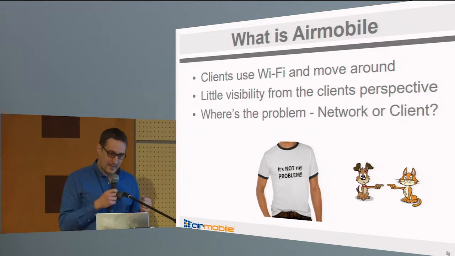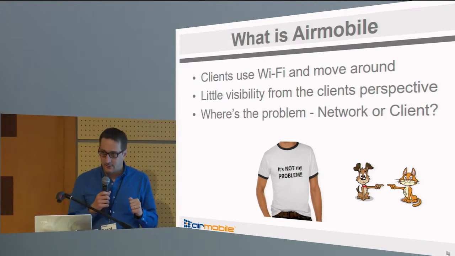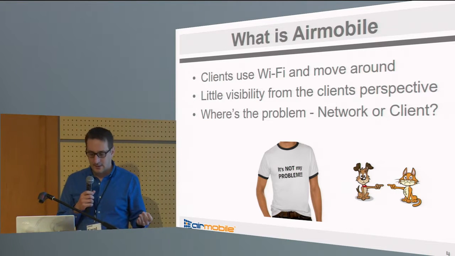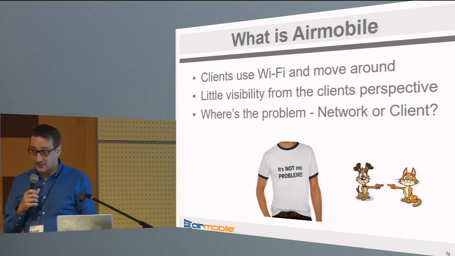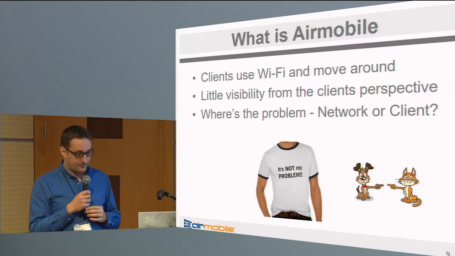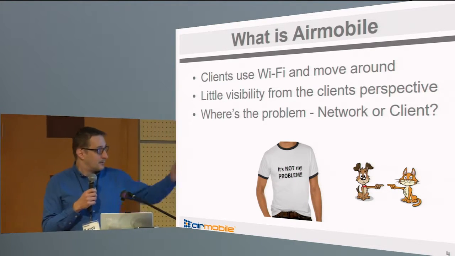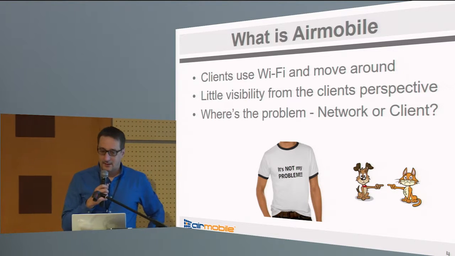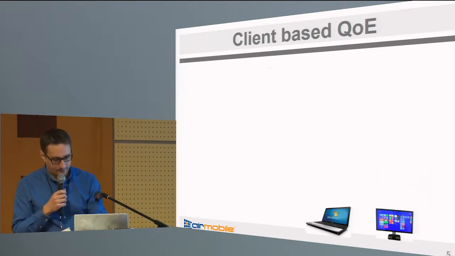And while we have good visibility when it comes to network infrastructure, we normally have very little when it comes to clients. But then again, where's the problem, network or client? That you would really like to know.